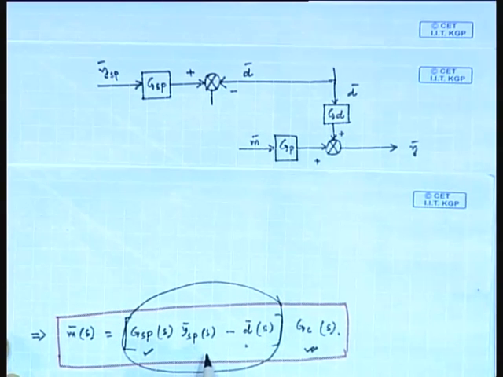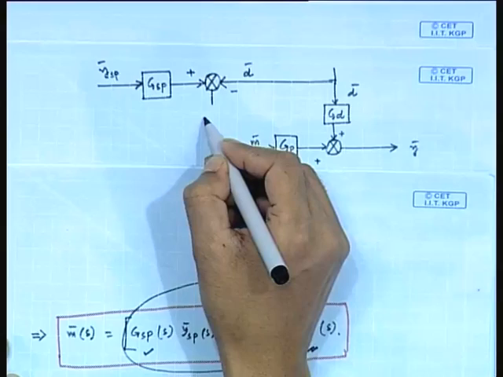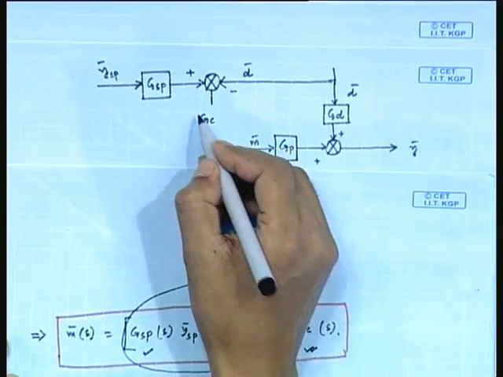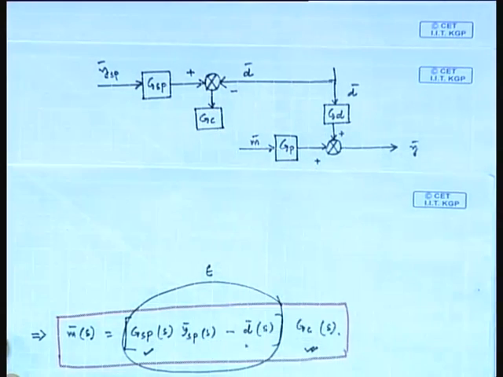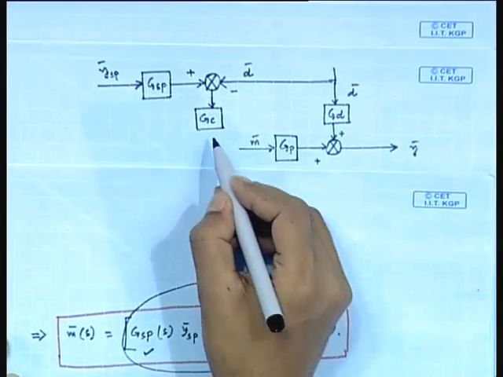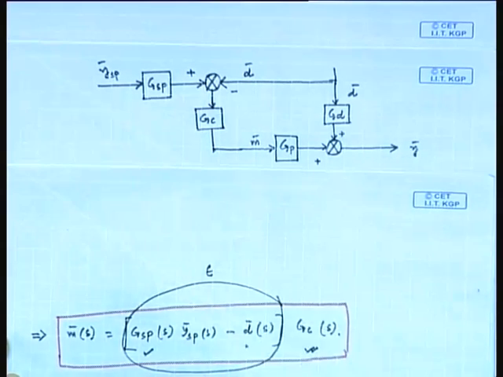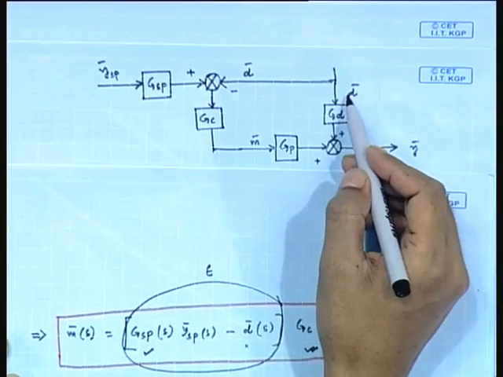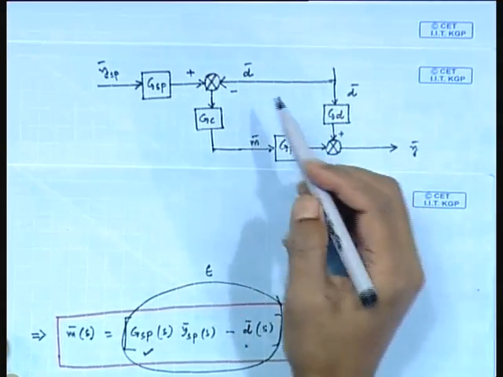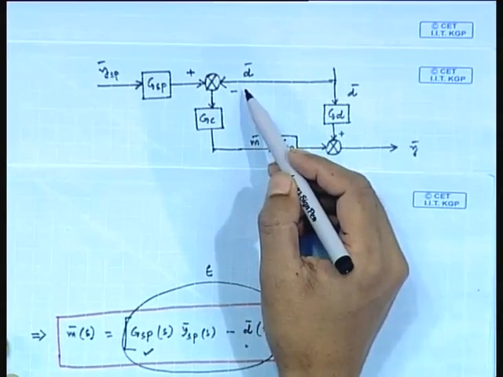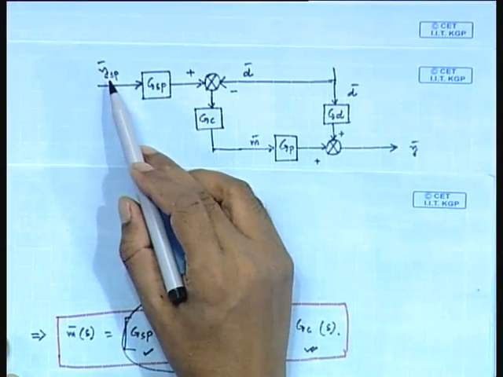This is suppose the error epsilon. This error is multiplied with GC. So, we can put here one block for GC. Output is M. So, first this disturbance is measured and this disturbance is subtracted from GSP multiplied by YSP.